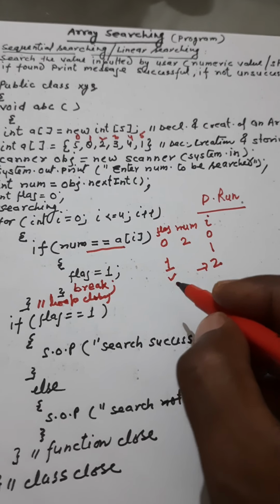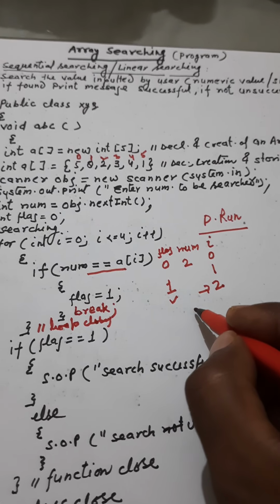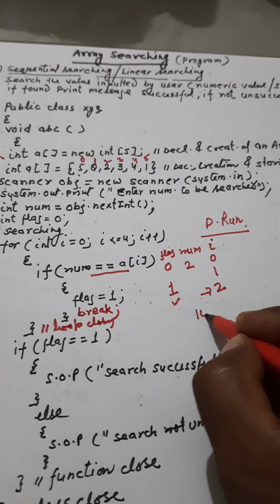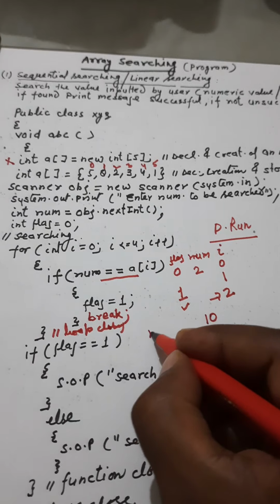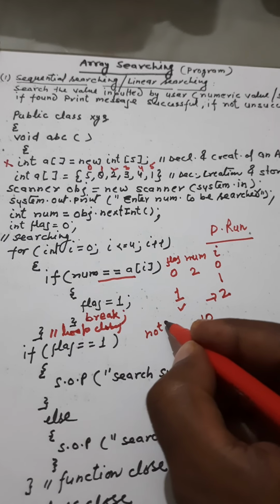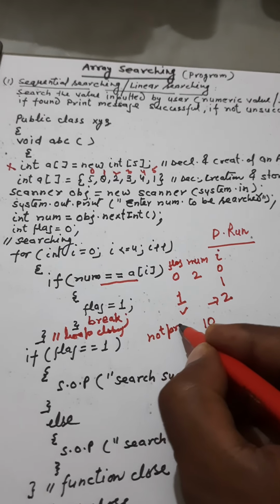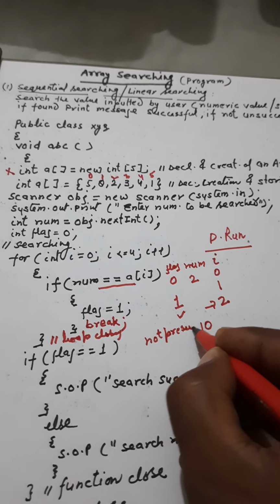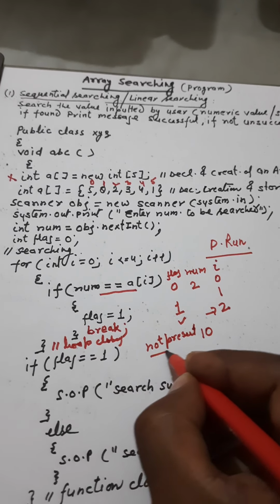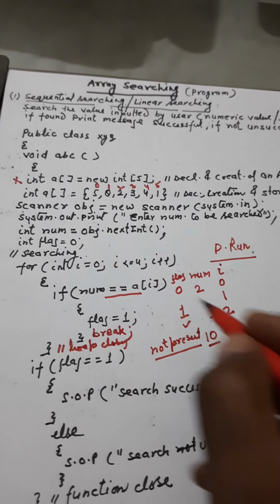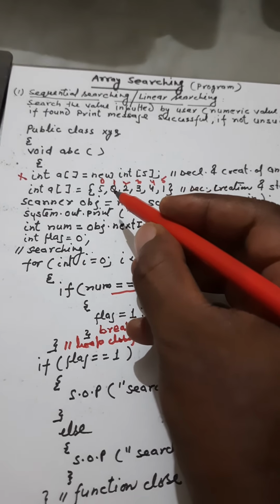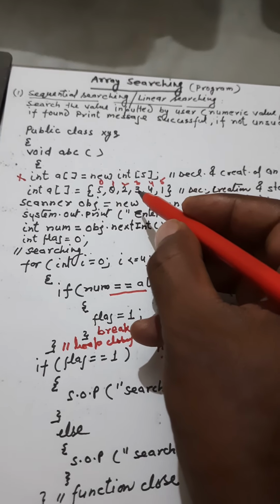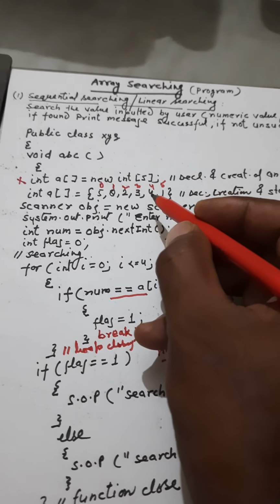Suppose the inputted value was 10. Not present. If you see, this value 10 is not present in the array. So num is equal to this? No. Num is equal to this?